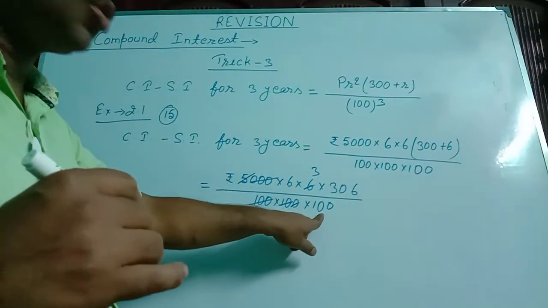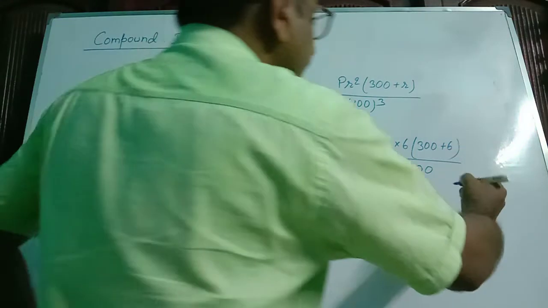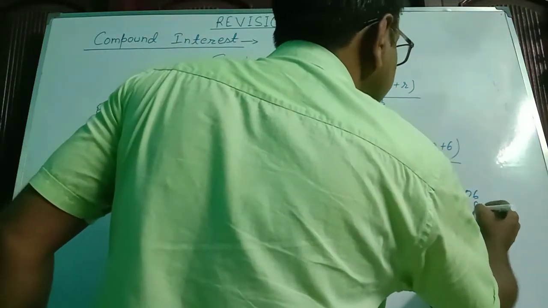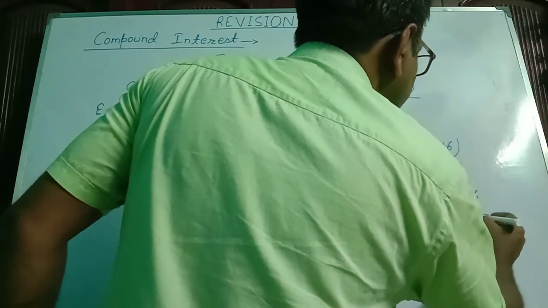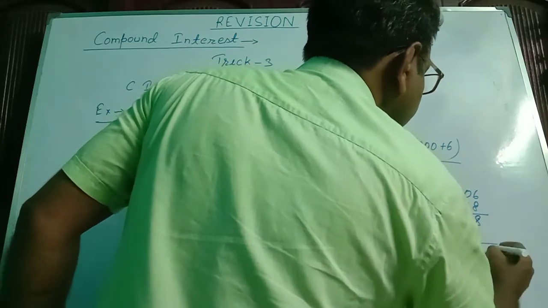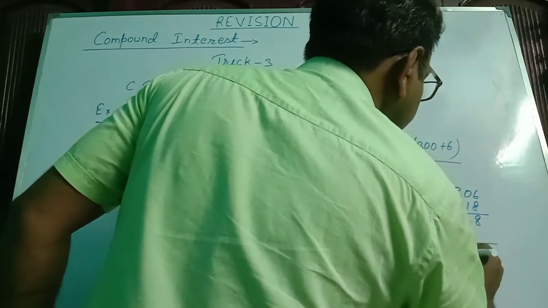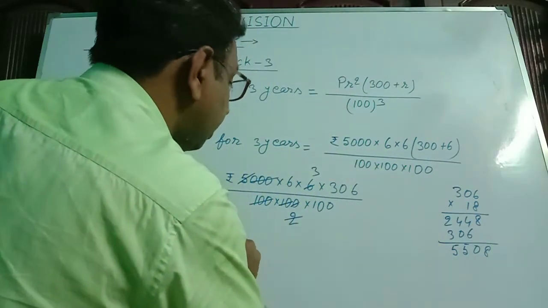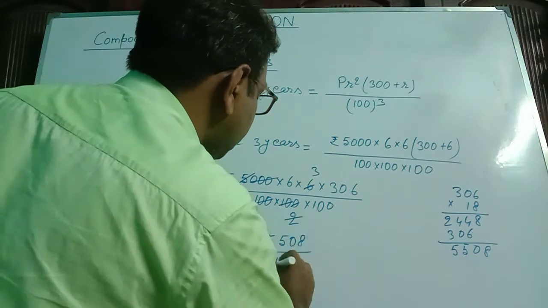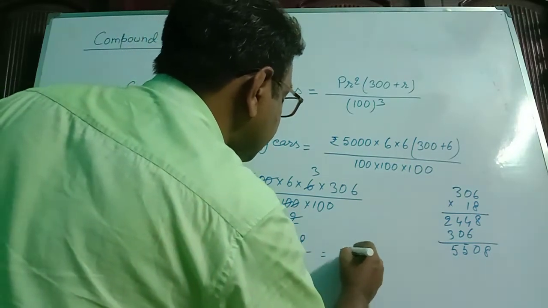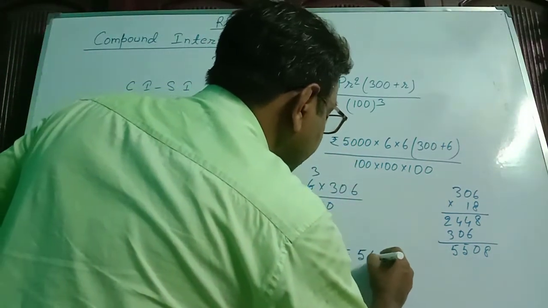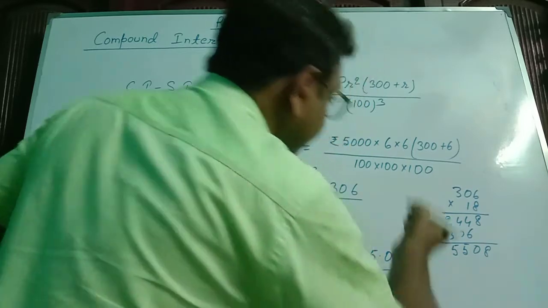It will help us to keep the decimal. It became, in rough calculation, 306 into 18. So this multiplication became 5508 by 100. So this difference, CI minus SI for 3 years, equals rupees 55.08.